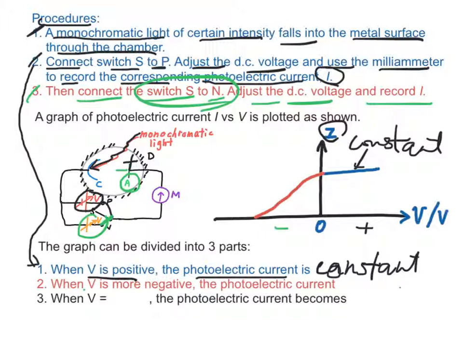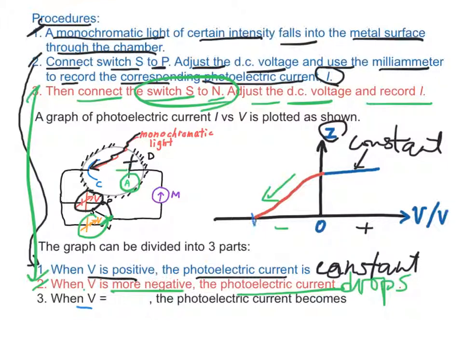Experiment shows that when V is more and more negative, the photoelectric current drops. When V equal to negative Vs, the photoelectric current I becomes 0.